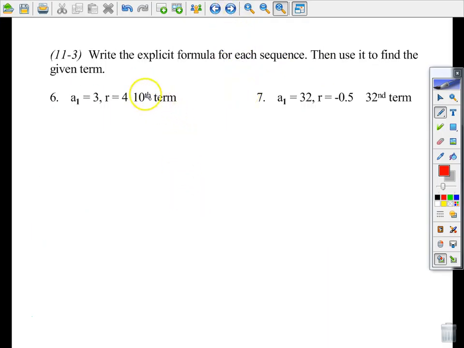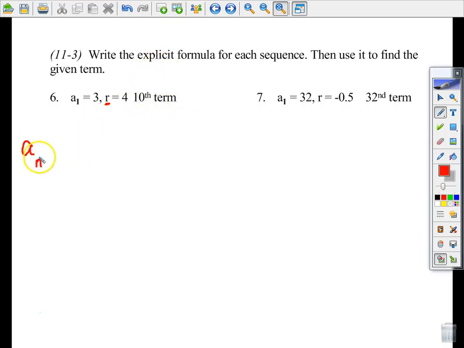And this is a little practice on writing the explicit formula for a geometric sequence. And how do I know that this is geometric? Well, because I'm given the common ratio. If I had been given d, then I would have been told basically that this was arithmetic. Okay, so once again, let's just look at the formula in general.